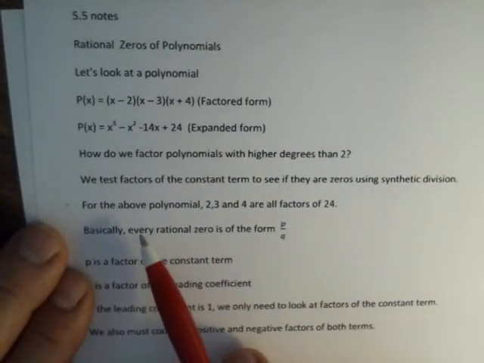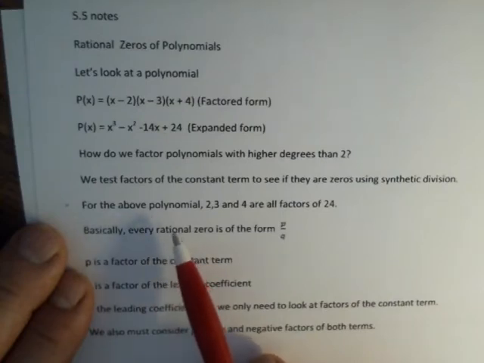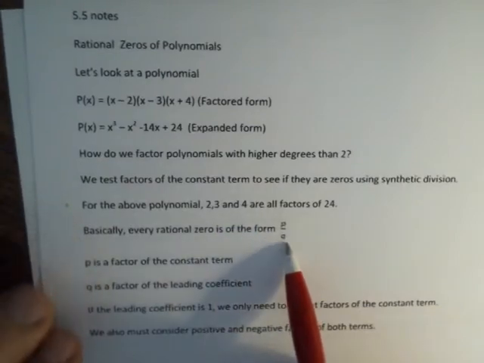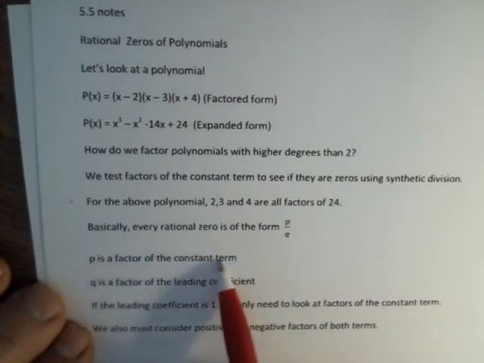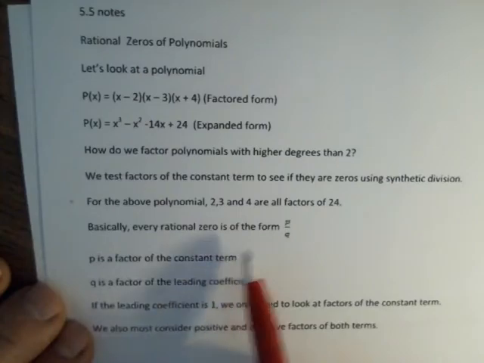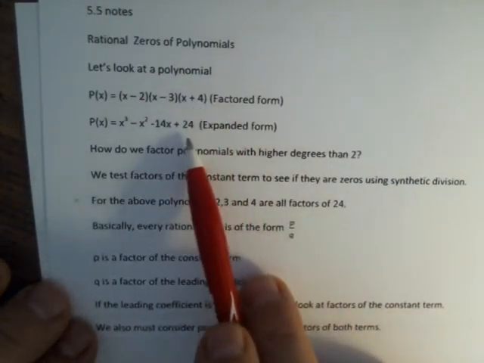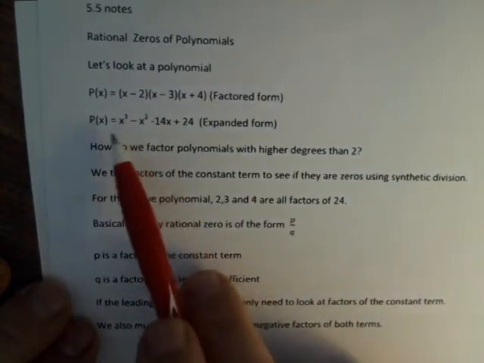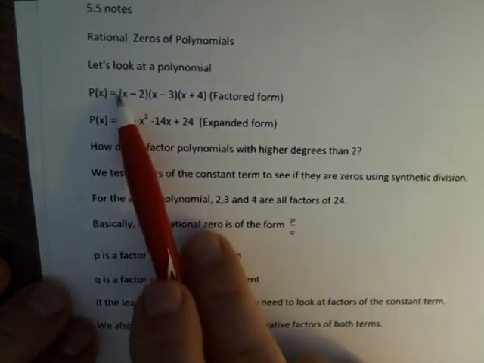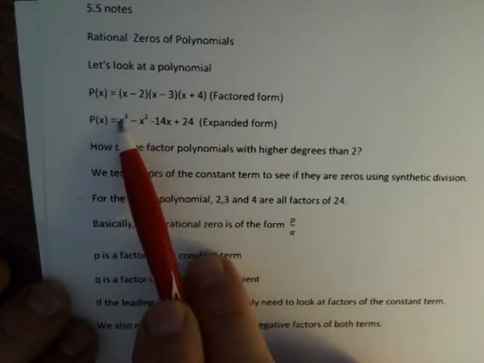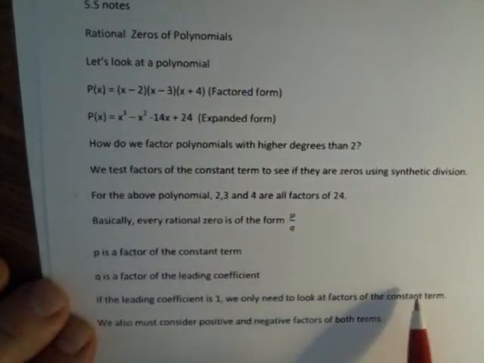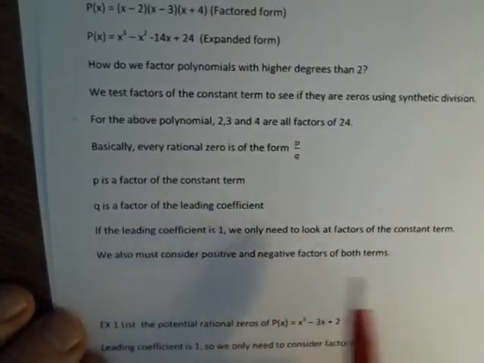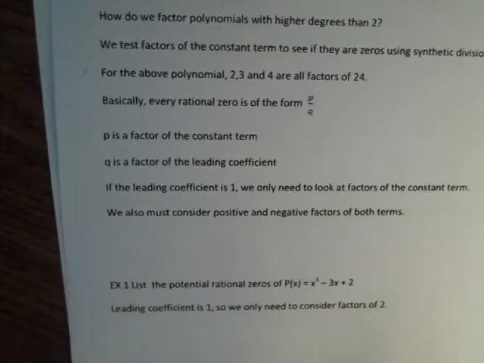And what we can say is every zero has to be of the form P divided by Q, where P is a factor of the constant term, which in this case from the above example would be the 24. Q is a factor of the leading coefficient. Well, our leading coefficient here is a 1. So therefore, we only need to look at factors of the constant term. And again, we must consider positive and negative factors of both terms.